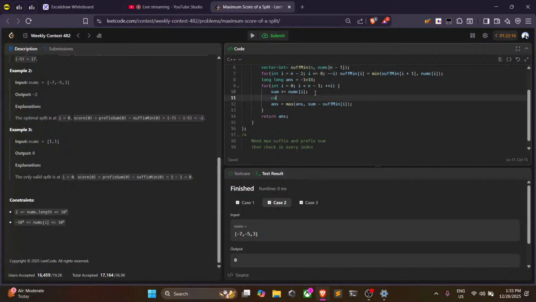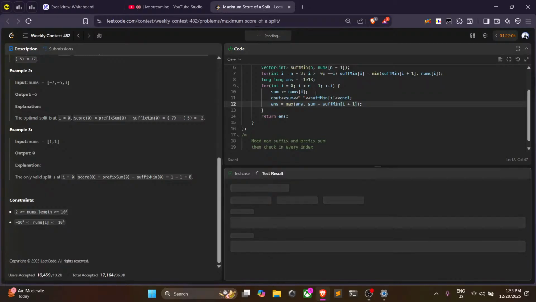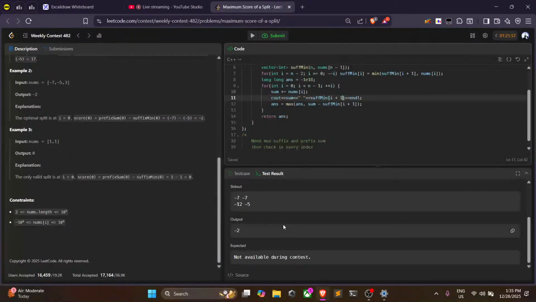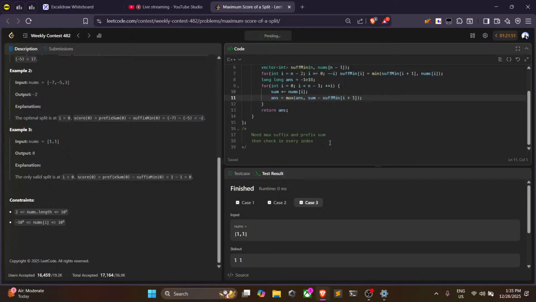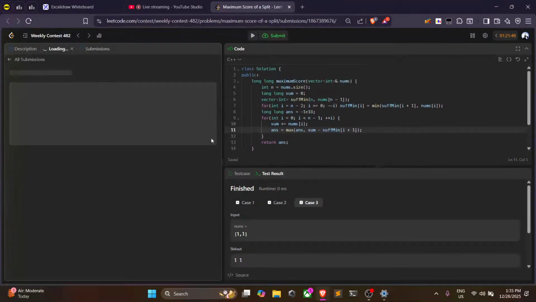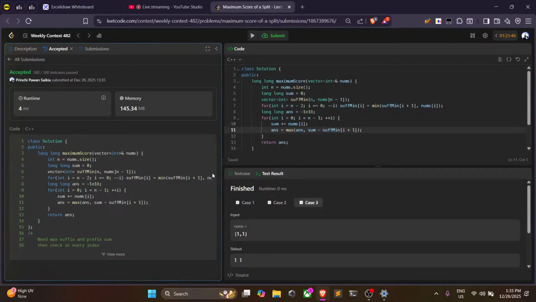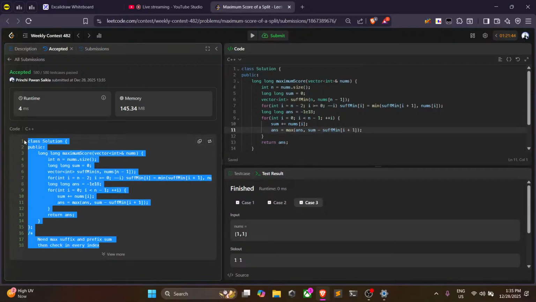Let me just output this. Oh, I think I should take it as i plus 1. Yeah, that's the thing. Let's try giving it a try. Yeah, that's okay. So it's pretty straightforward.